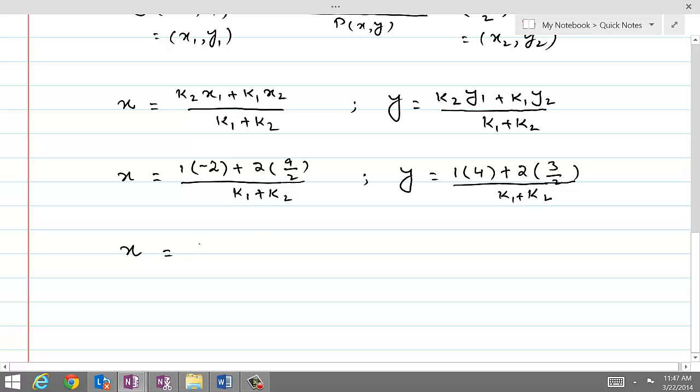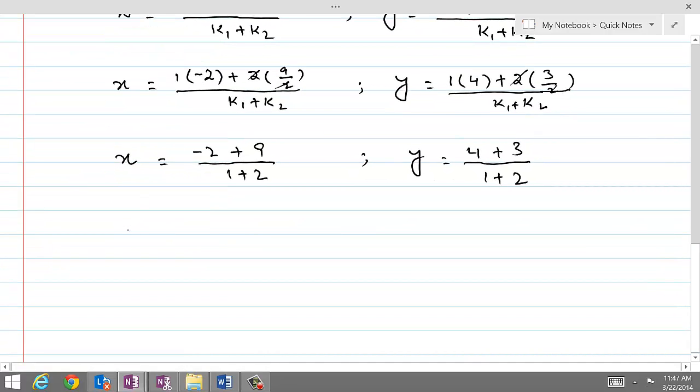Therefore this would be equal to minus 2 plus 9, because this 2 will be cancelled with this 2, divided by 1 plus 2, and here we have y equal to 4 plus 3, because this 2 and this 2 will be cancelled, divided by 1 plus 2. So for xy, x is equal to 7 by 3 here, and y is equal to 7 by 3 again.